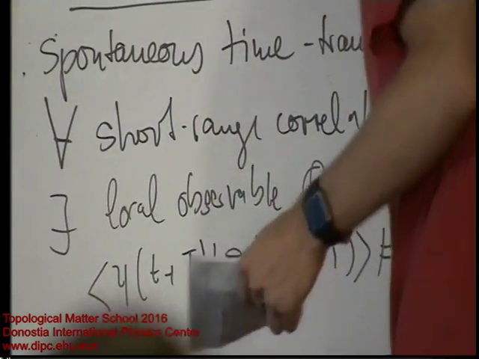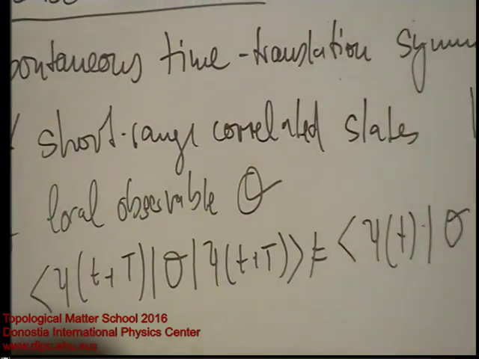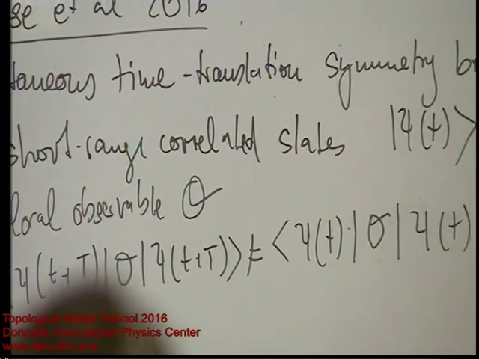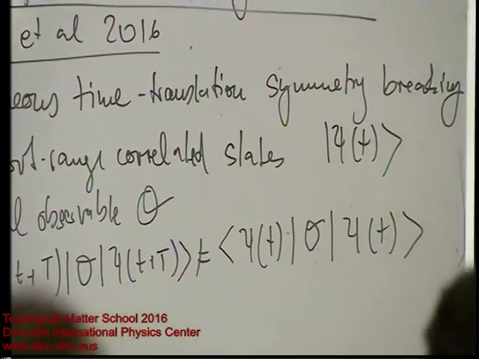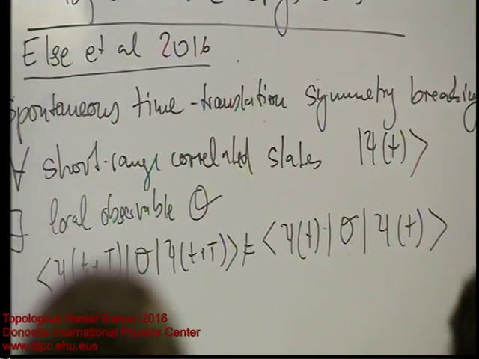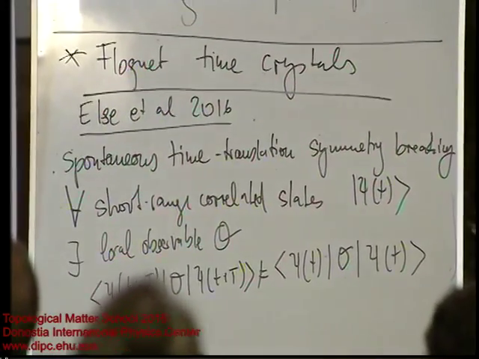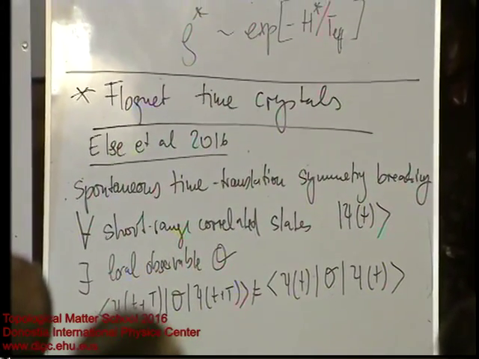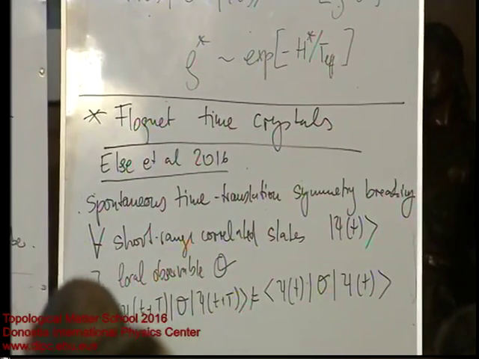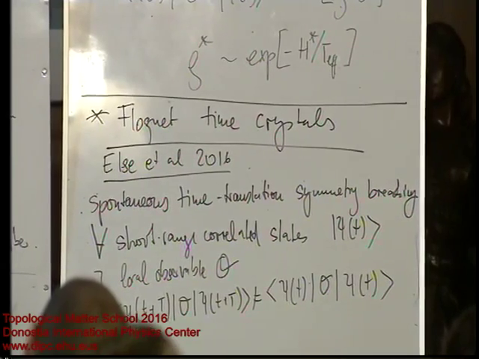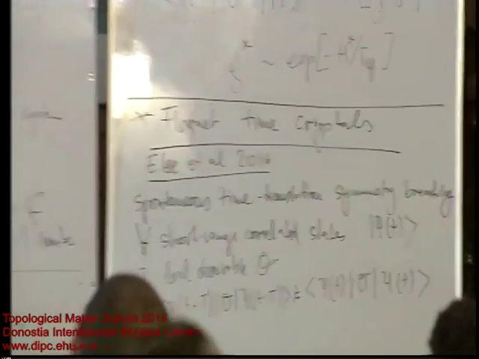So the idea would now be to think about a simple realization where such a thing occurs. And again, we need interactions as for spontaneous symmetry breaking in conventional systems. So there comes the problem with our heating.